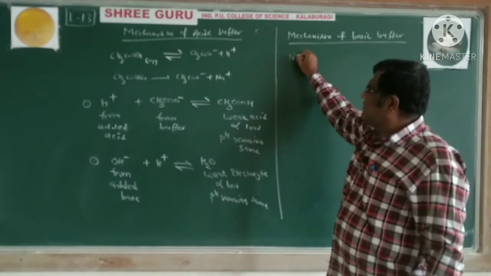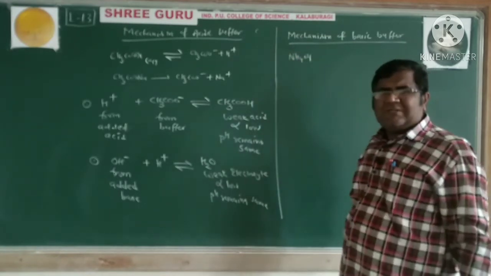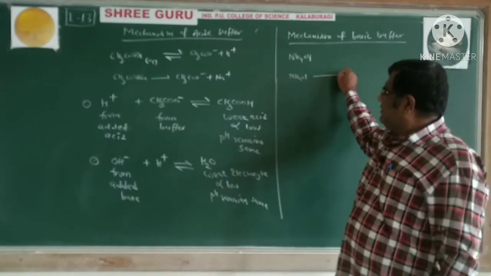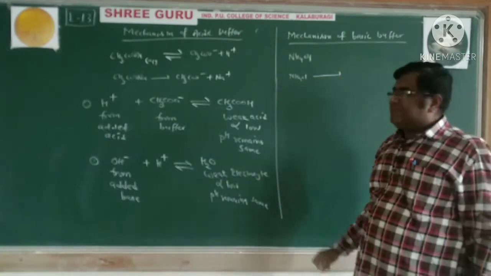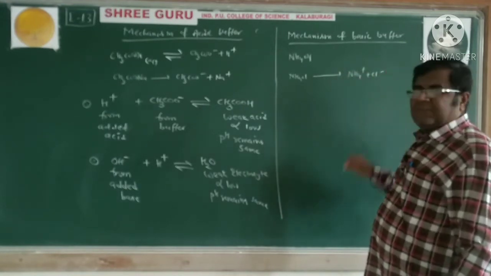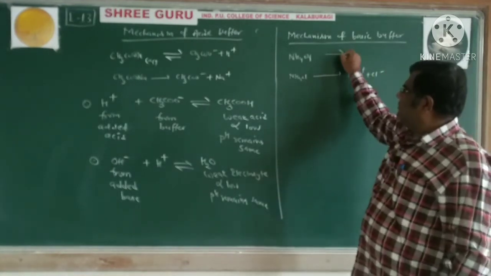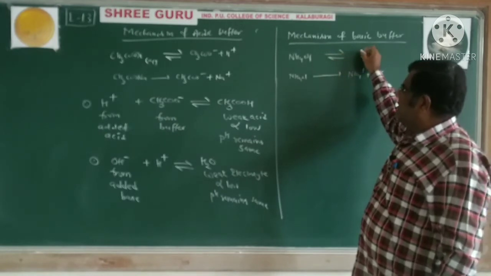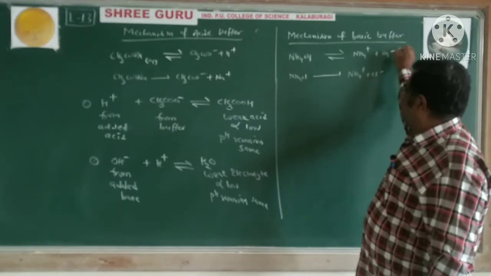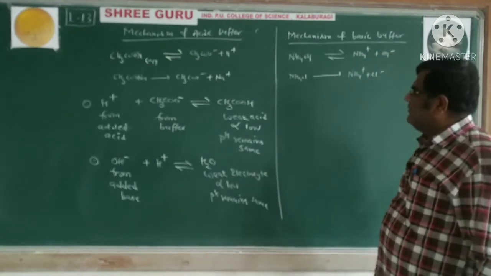One is ammonium hydroxide, which is a weak base, and the other is a salt made with a strong acid, ammonium chloride. And this gives NH4 plus and OH minus.